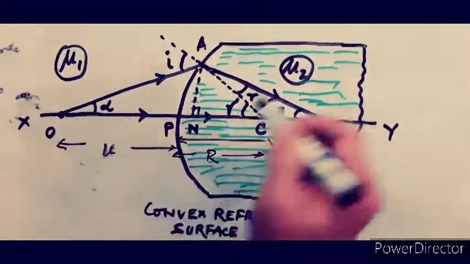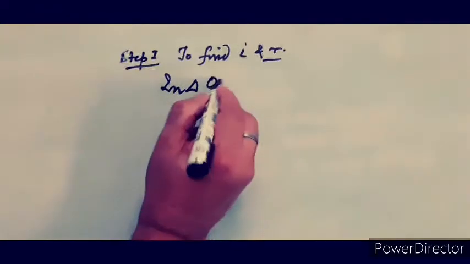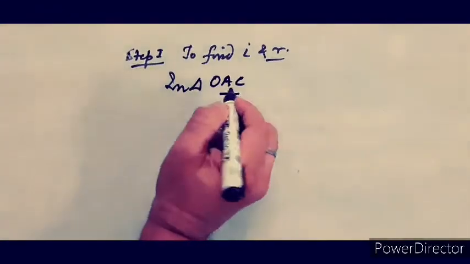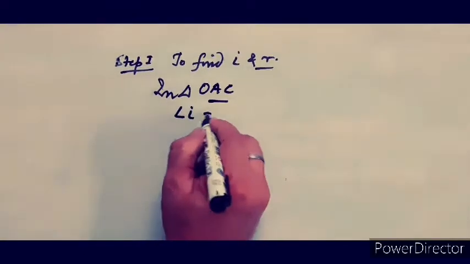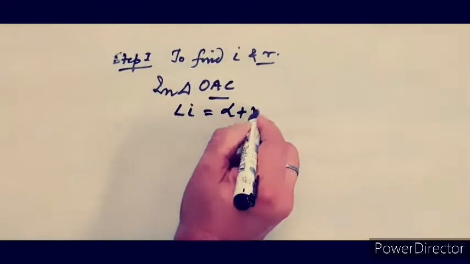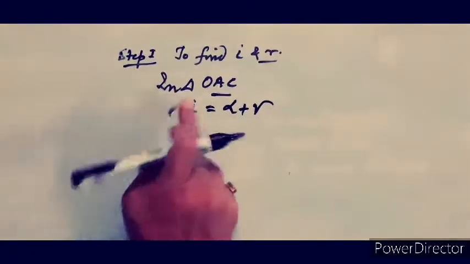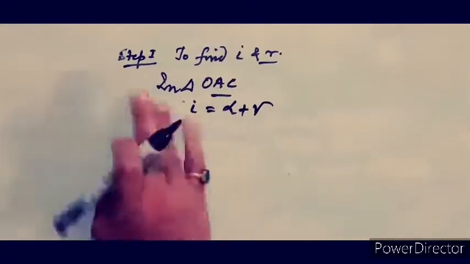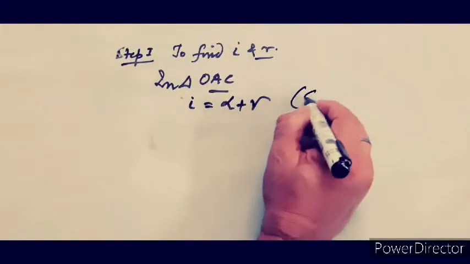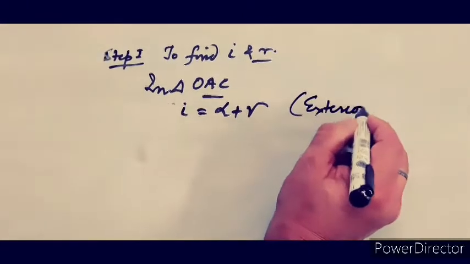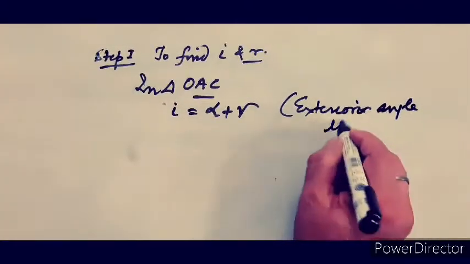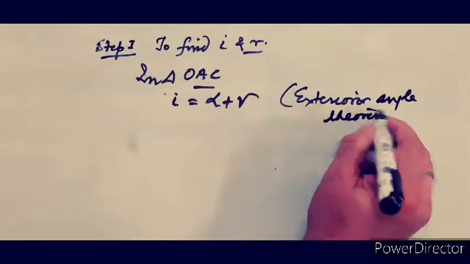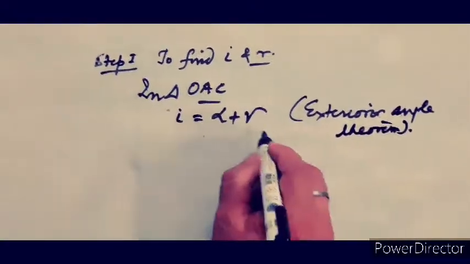So in triangle OAC, from the exterior angle theorem, angle i is equal to alpha plus gamma. This is equation number 1.